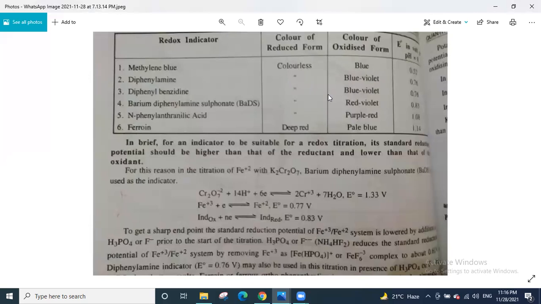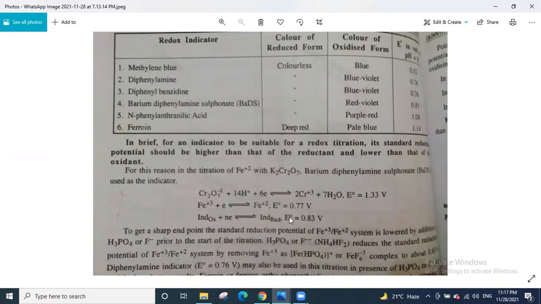But one thing is the choice of which indicator is used. For example, if we have an oxidant, chromate, and a reductant, iron(II), the choice of indicator depends upon two things: the redox potential of the indicator must be higher than that of the reductant, and it must be lower than that of the oxidant.